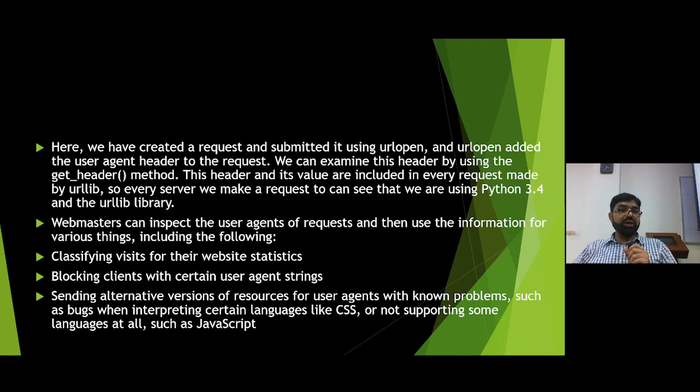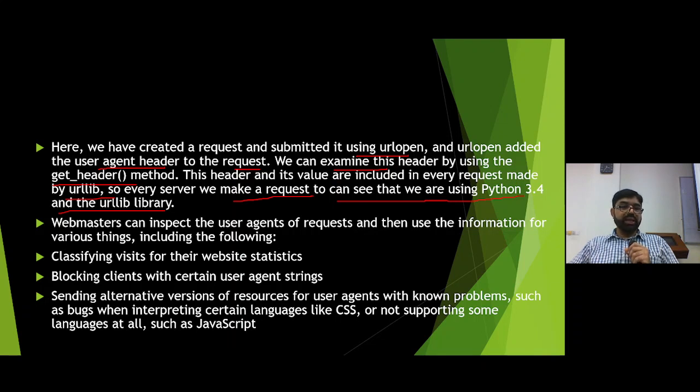Here we have created a request and submitted it using urlopen. urlopen added the User-agent header to the request, and we can examine that header using the get_header method. This header and its value are included in every request made by the urllib package. So every server we make a request to can see that we are using Python 3.4 and the urllib library, right?